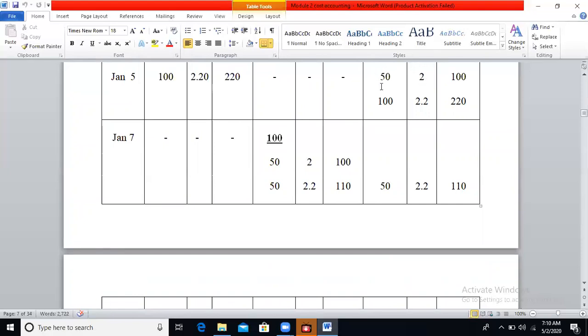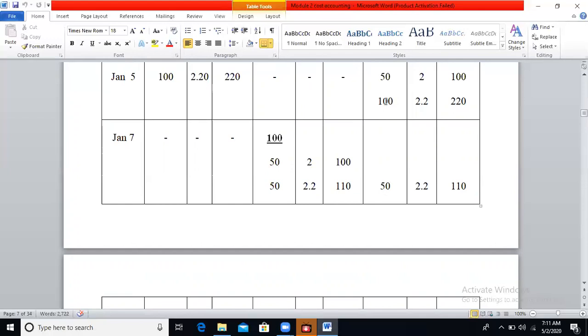We have the first purchased units, or the opening stock balance, as 50 units. First consider these units. So 50 units at rupees 2, the value will be 100. After the completion of all the first batch units, or after the completion of opening stock units, the next batch will be considered.